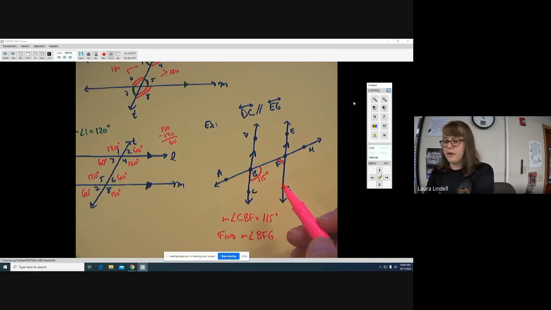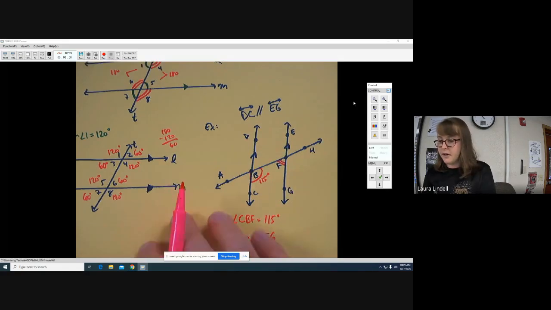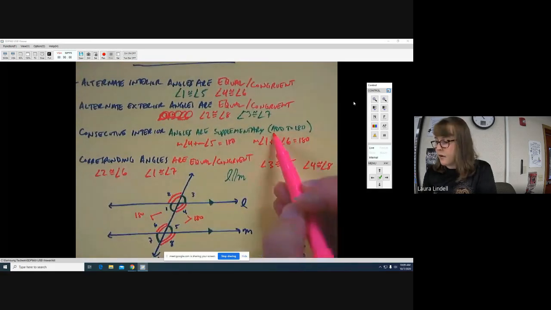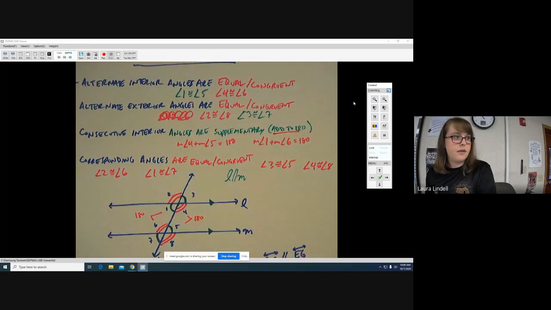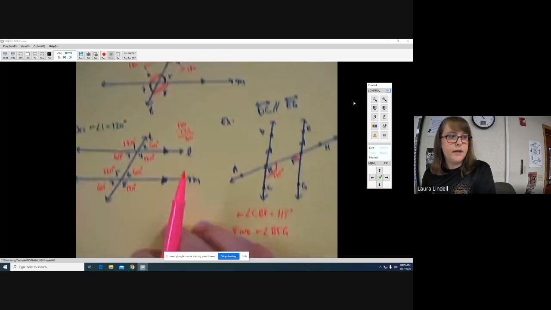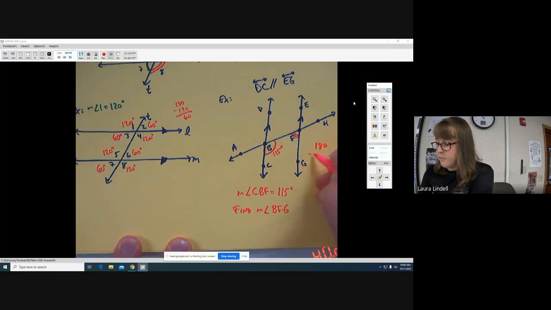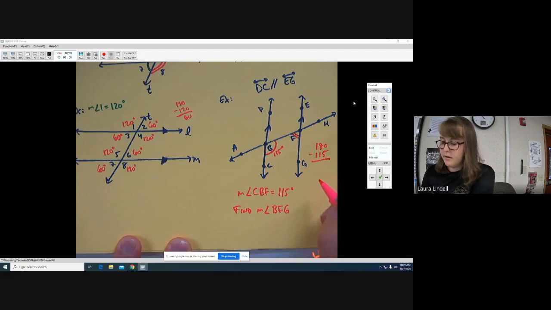And looking at our information about consecutive interiors, we know that they are supplementary. They add to 180. So we can look at this and go, okay, if these are consecutive interior, that means they add to 180. So if I go 180 minus 115, that gives me 65.